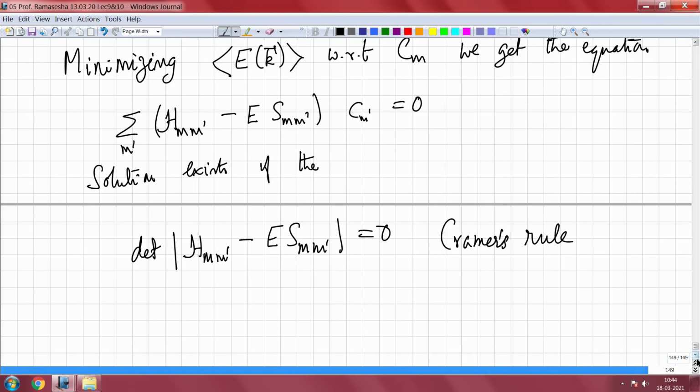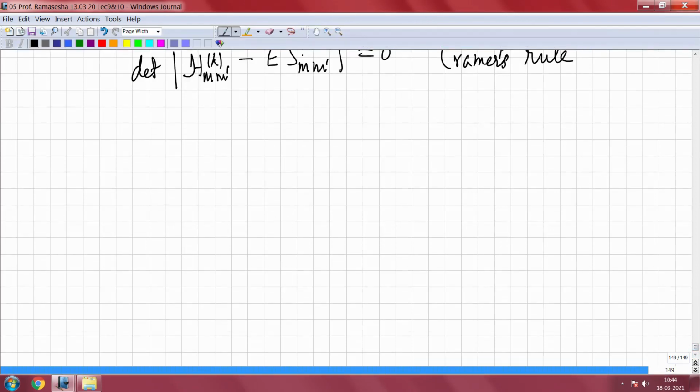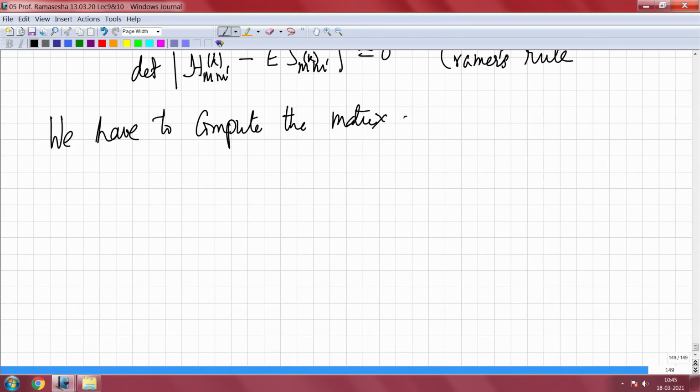So, what we have to do now is to do the energy band calculation. This is of course for every value of k. So, to obtain the energy band we have to compute the matrix elements of the above matrix.